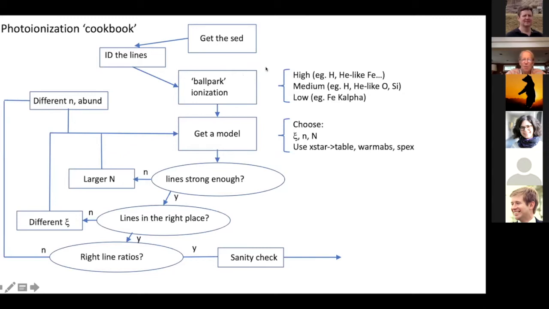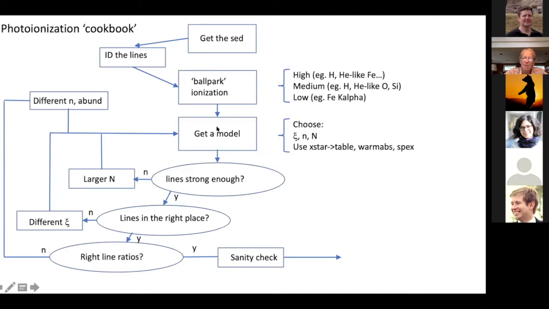And so you can infer a ballpark ionization balance by looking at a spectrum. You can have high ionization if heavy elements are highly ionized, or medium, such as the spectra that Victoria was showing a minute ago, or even a fairly low ionization situation where you just have neutral lines, which should still give you an interesting spectrum.